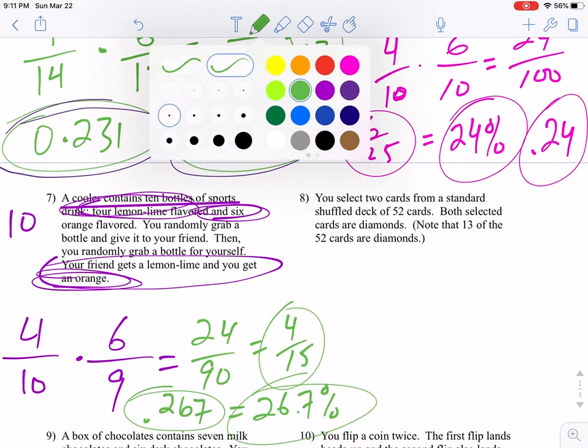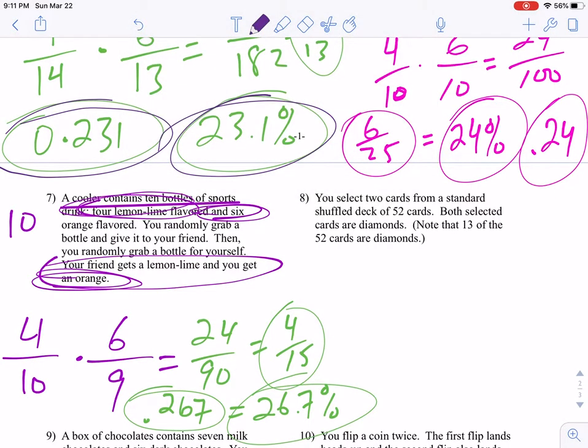Okay, number 8. Okay, this one's a classic. You've got a deck of cards. Okay, you select 2 cards from a standard deck of cards. Standard deck of cards is 52 cards, remember. And we're asking what's the probability that you get both diamonds. Okay, now the problem reminds you that there are 13 diamonds.